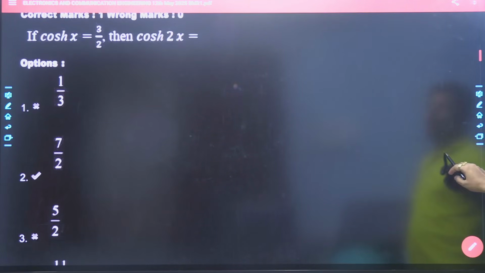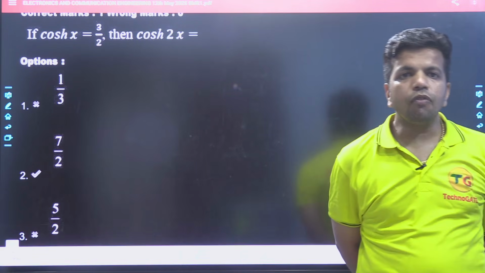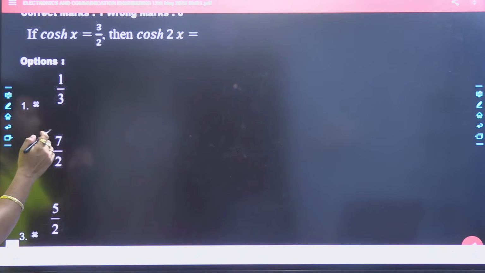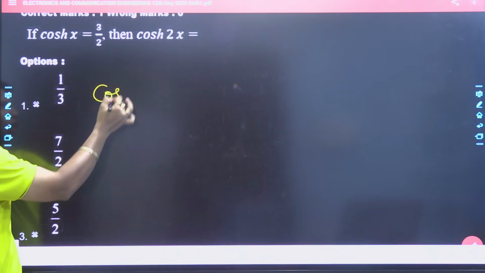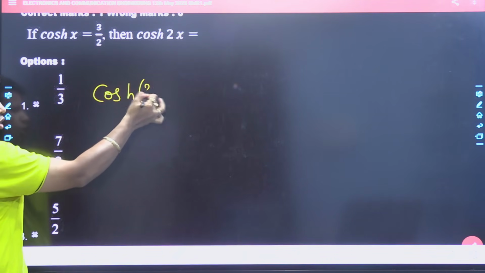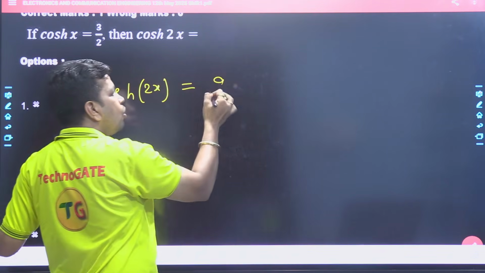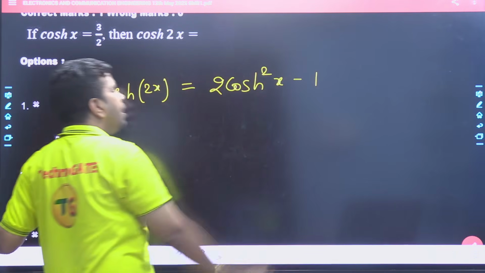Let's see. If cosh x is equal to 3 by 2, then what is the value of cosh 2x? So just recall the formula. Cosh 2x is equal to 2 cosh square x minus 1.